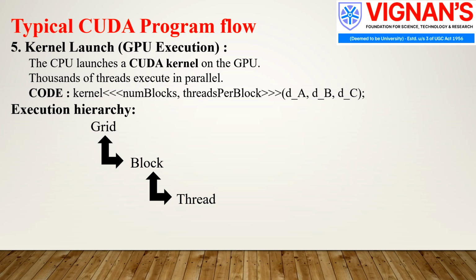When the kernel launch instruction is issued, the GPU schedules all blocks and threads automatically. Each thread runs the kernel code simultaneously, allowing thousands of operations to be completed in parallel. This massive parallel execution is what makes CUDA programs very fast for large data computations.